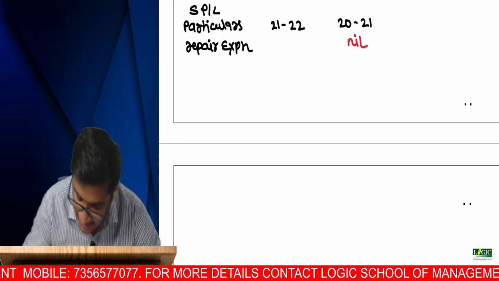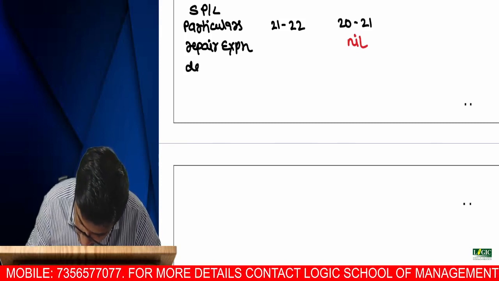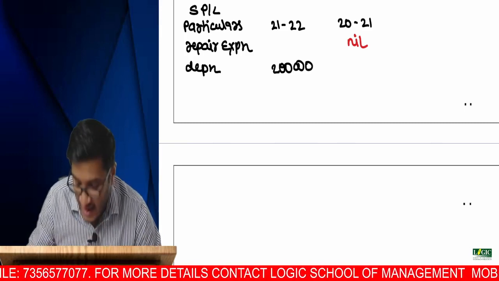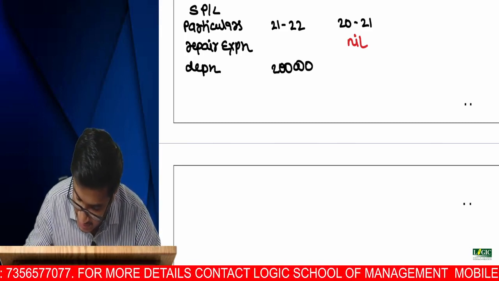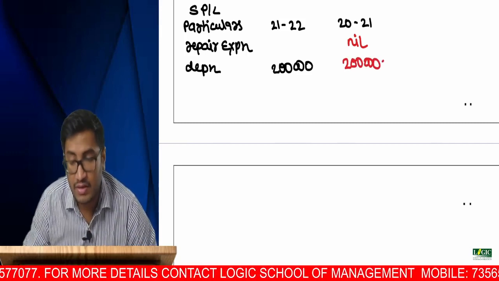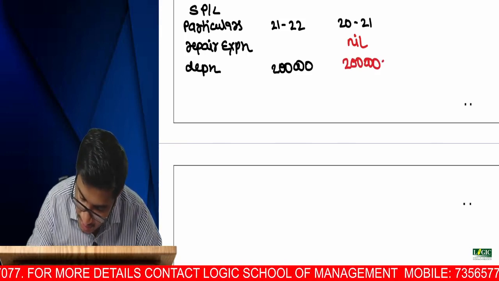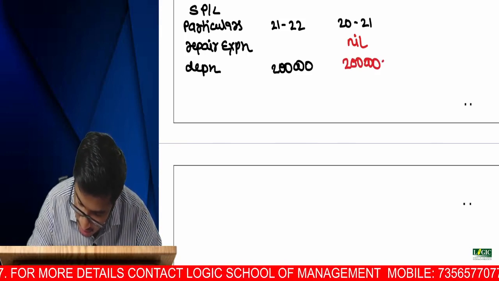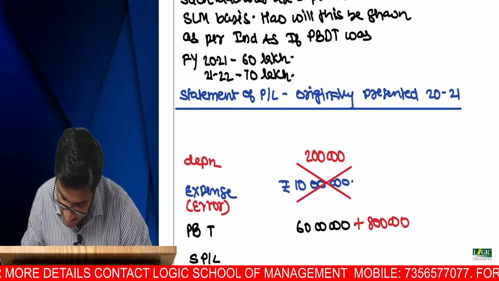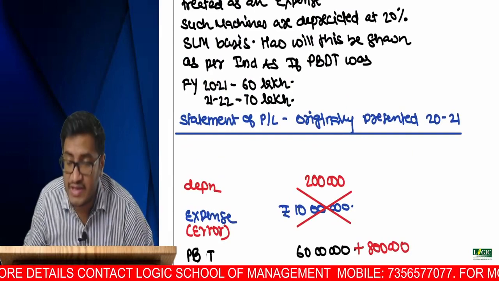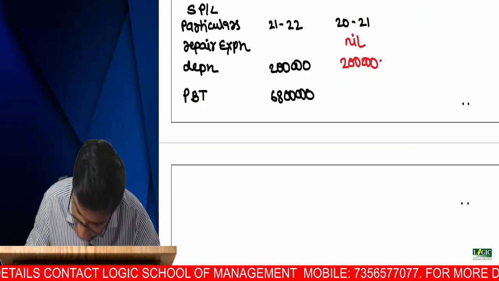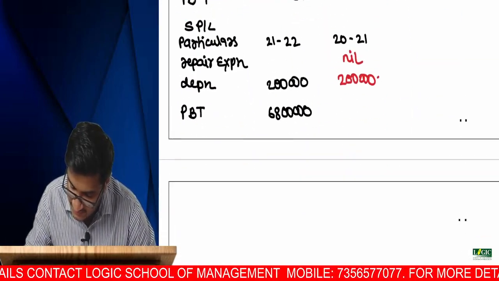And depreciation: current year depreciation will be 2 lakh. Previous year, as per the original audited report, it is nil, but you will be showing 2 lakh. Current year profit before depreciation and tax is 70 lakh; 70 minus 2 is 68. And previous year also the answer should be 68, isn't it?